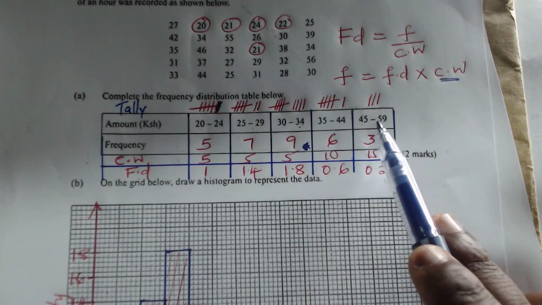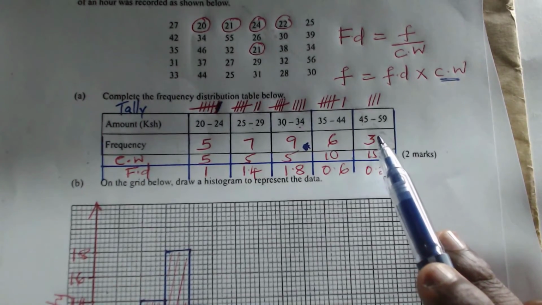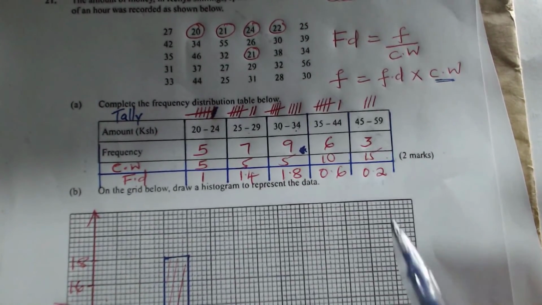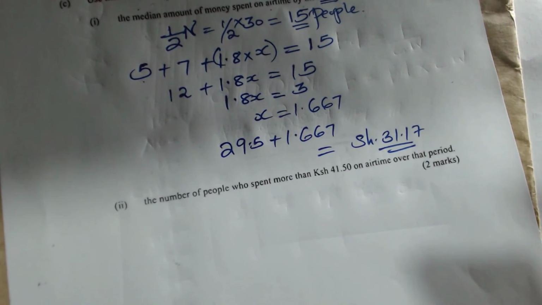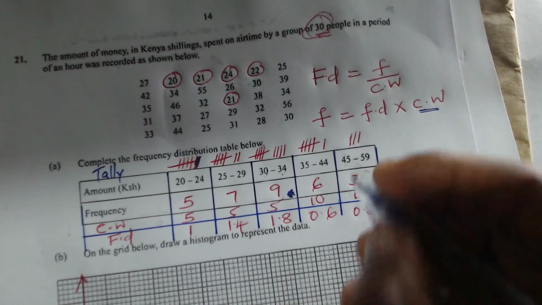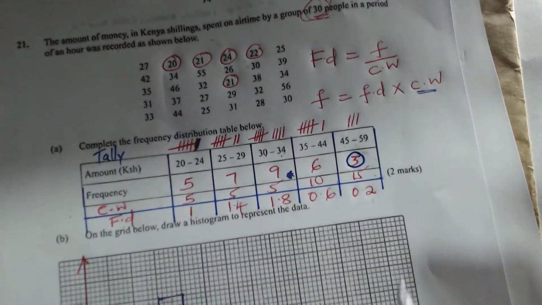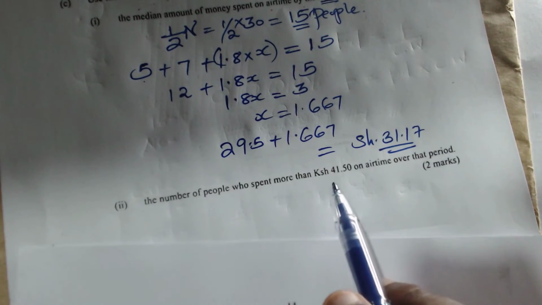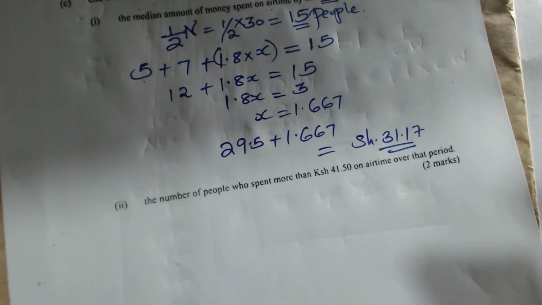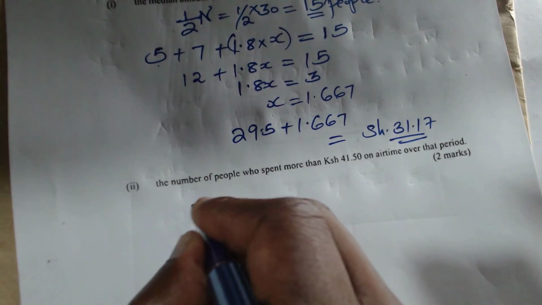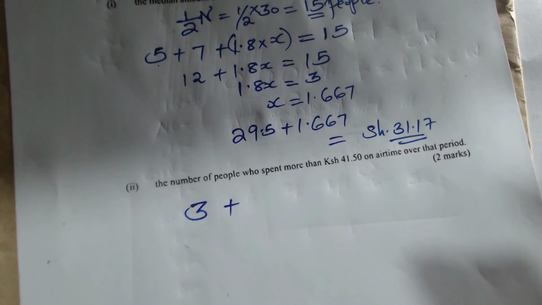So for this one, to get the frequency, this is what you're going to do. Here we have 3 people. We already have 3 people who got more than 41.5. So first add 3, then plus.